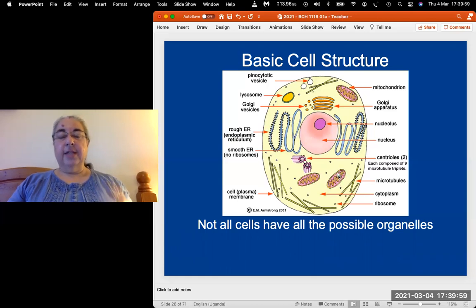Some cells are packed with mitochondria for producing lots of energy. Other cells have just a few because they don't need so much energy. Not all cells have a cytoskeleton. So not all cells have all the possible organelles.